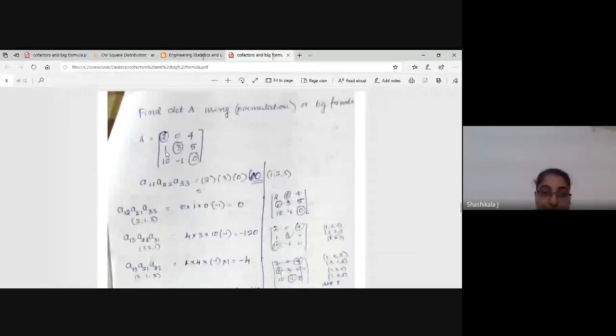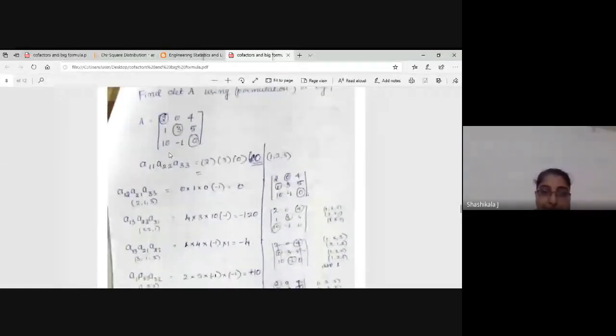Next, in the third row, if I take 1, 4, 1, it is -1. So I take that -1 into determinant P.